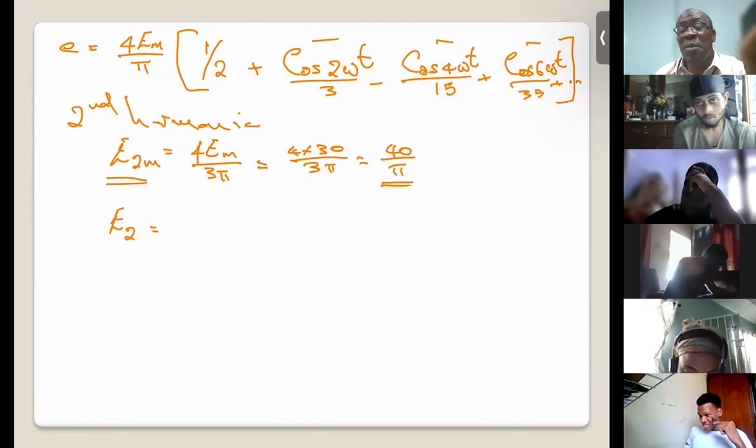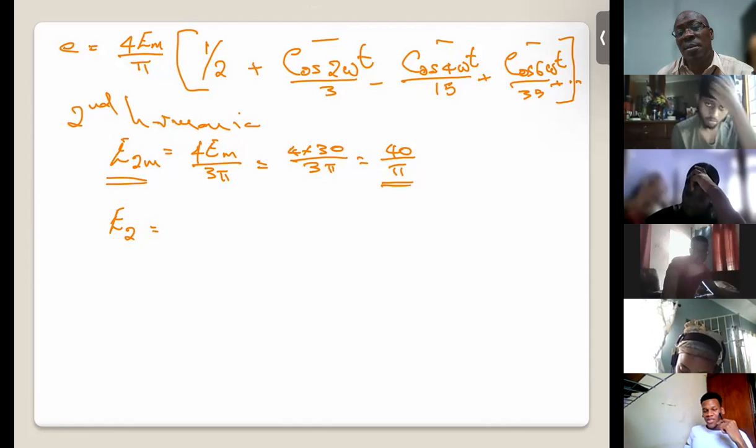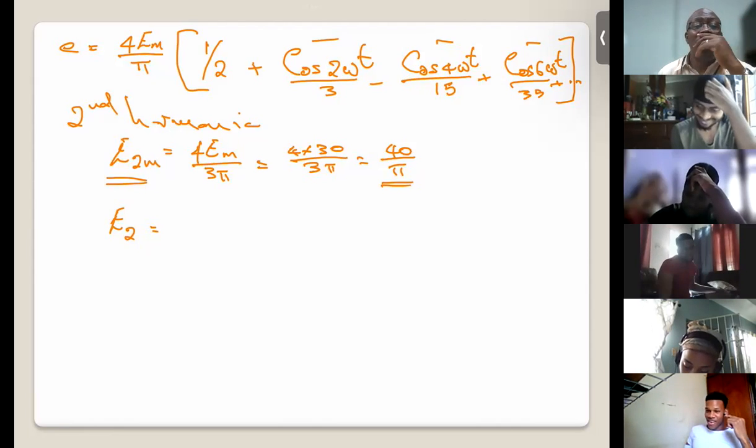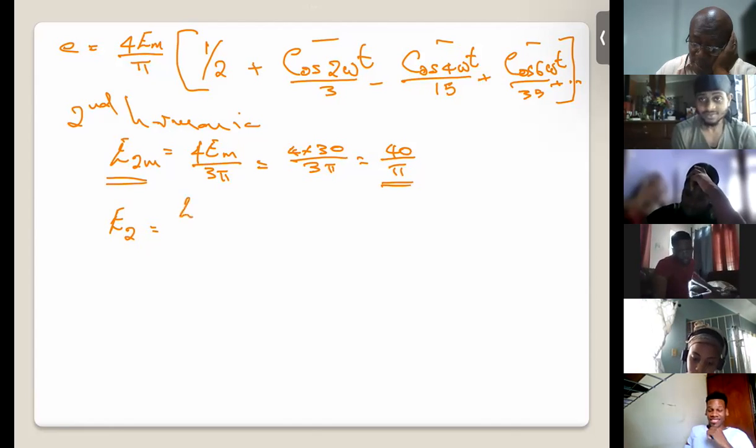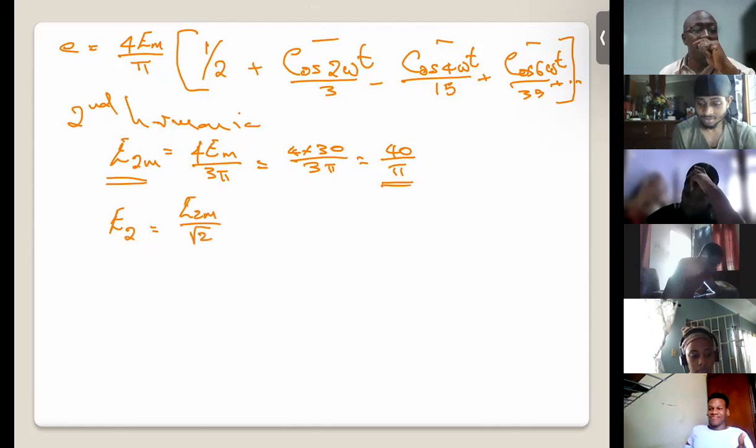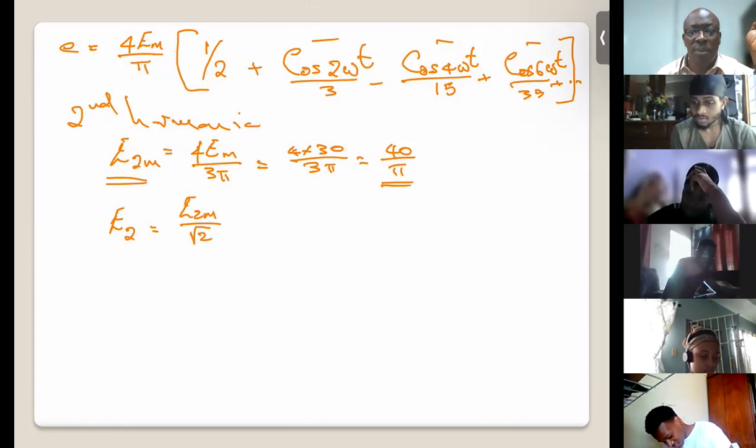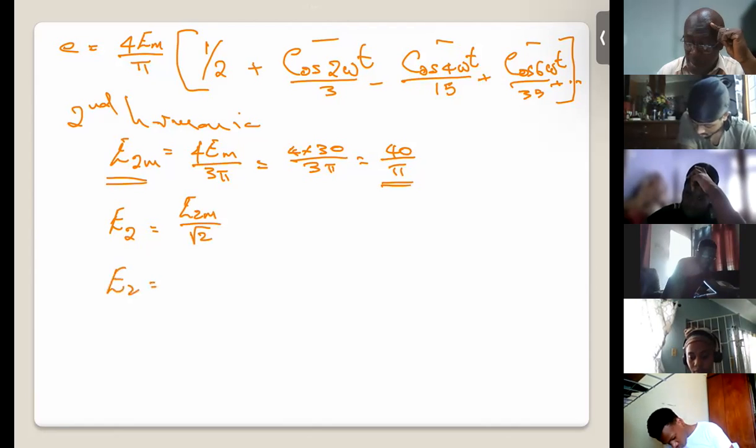How do we find RMS from peak value? So, over root 2. All right. So it's E2M over root 2, so it's 0.707 times peak. So E2 would therefore be equal to 40 over root 2 times pi.